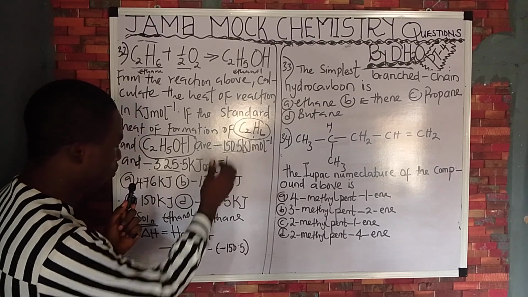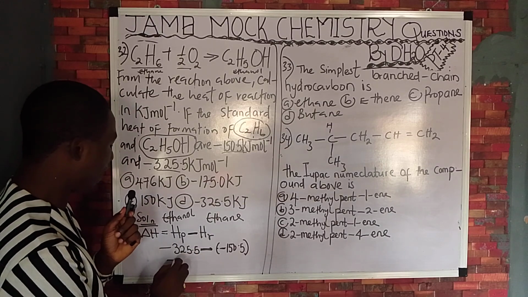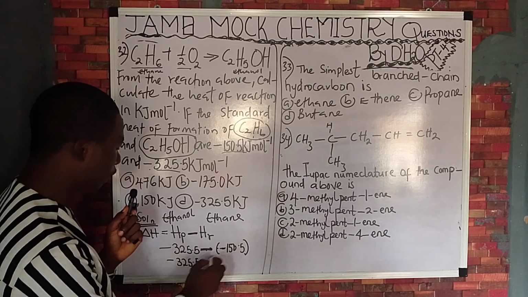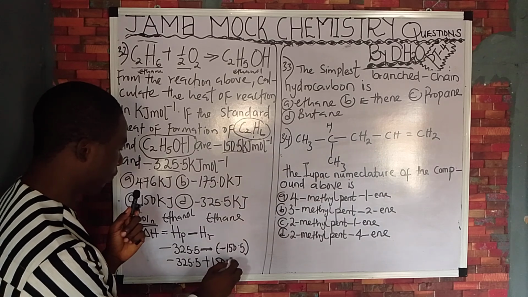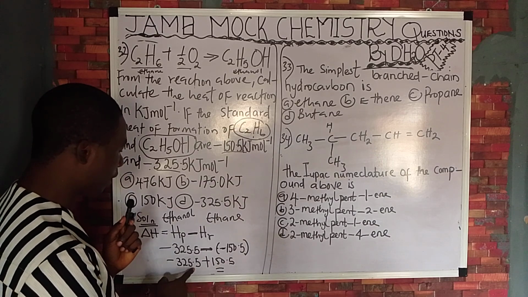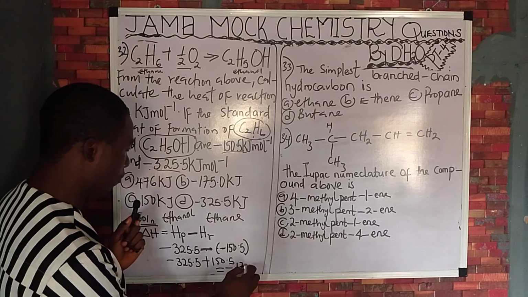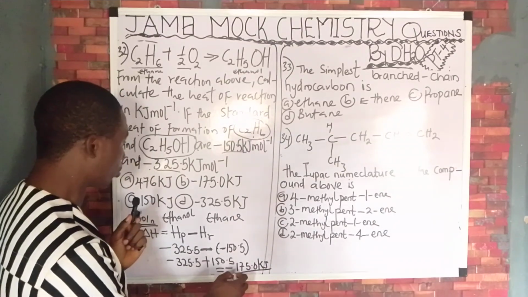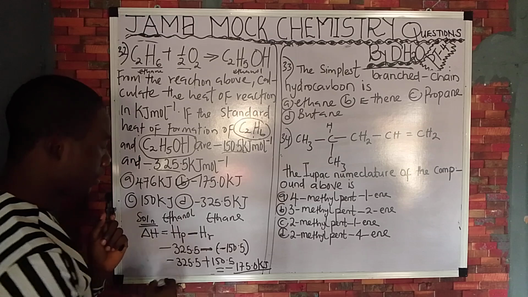This is the minus from the value. Why? This is the general minus that comes with the formula. So we have minus 325.5. Minus minus will give us plus 150.5. And that would end up giving us minus 325.5 plus 150.5, which is minus 175.0 kilojoule. So the answer to this question is option B.